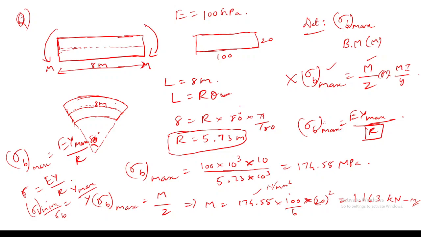For example, if I know the maximum bending stress value, for any location of y I can find out the value of sigma b by using this relation, because y max is known from the cross section of the geometry. So easily I can find out the value of sigma b.